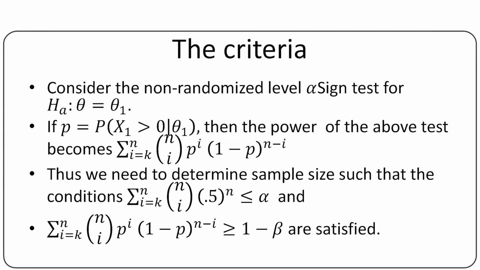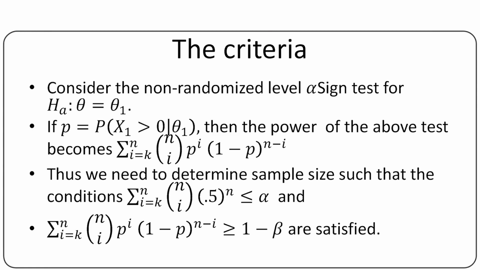Since S has a binomial distribution with parameters n and success probability 0.5, the above condition reduces to summation i from K to n, n choose i, 0.5 to the power n, less than or equal to alpha. Then, if we define p equal to probability x1 greater than 0 under theta 1, the power of the above test becomes summation i from K to n, n choose i, p to the power i, (1 minus p) to the power n minus i.